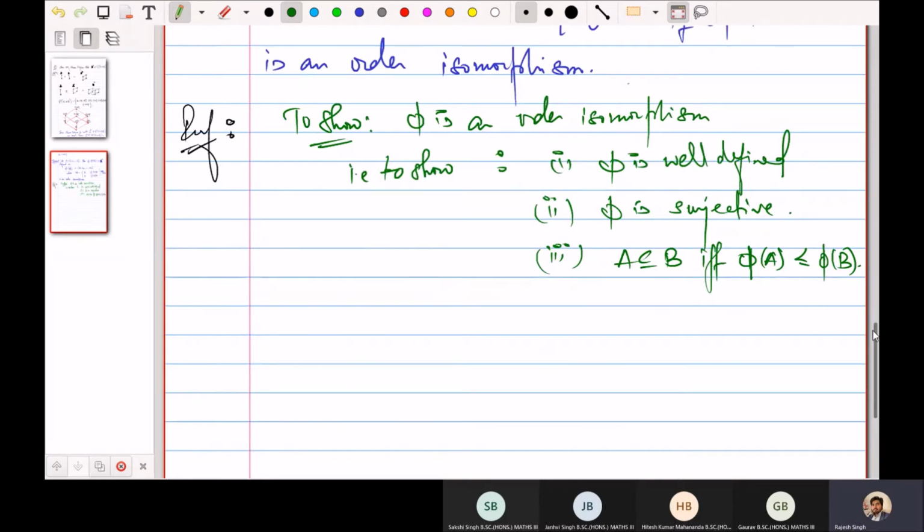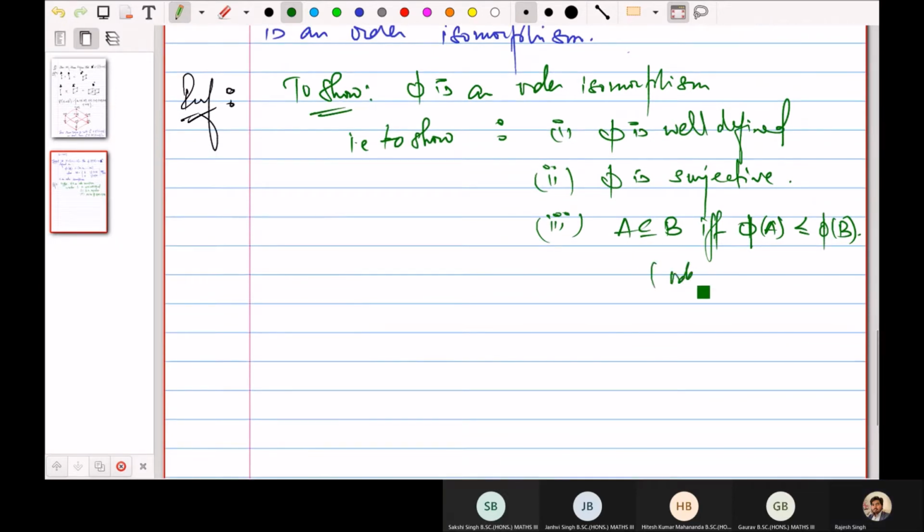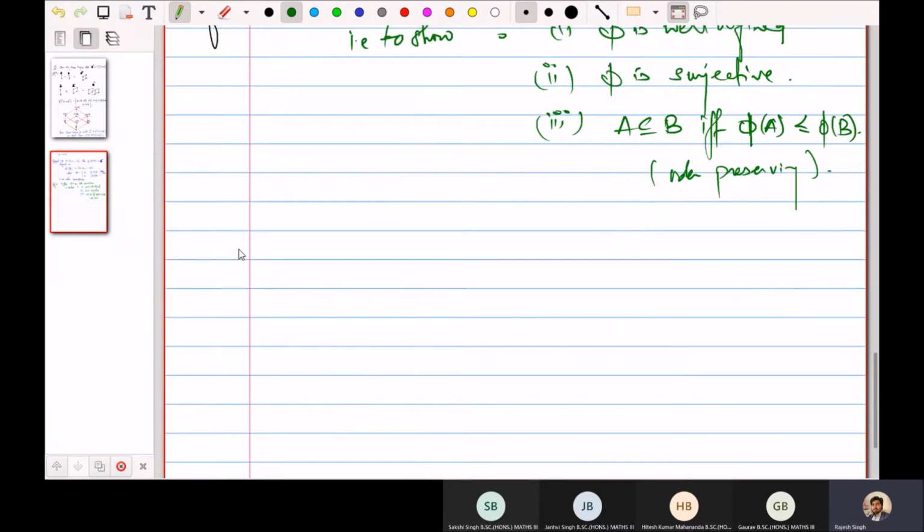These three things we have to show. So first, phi is well defined.